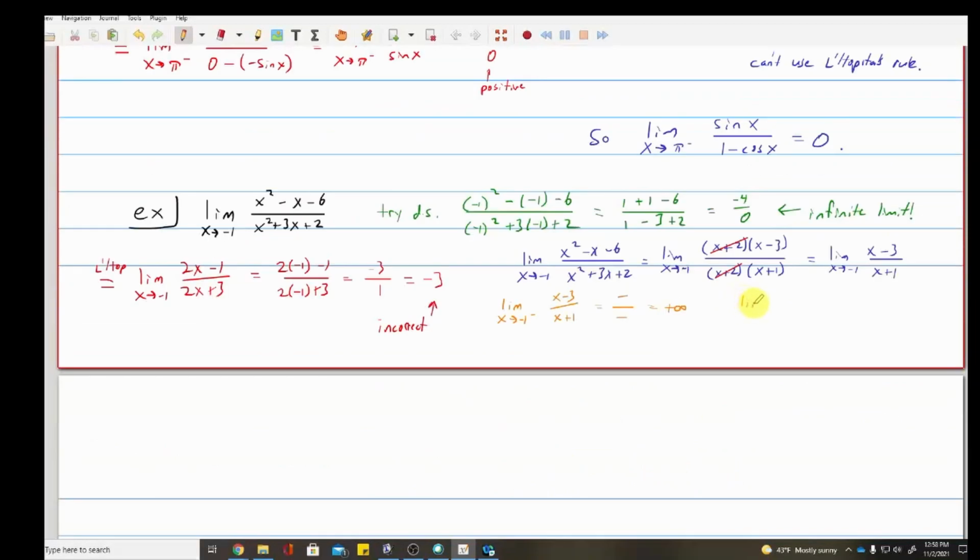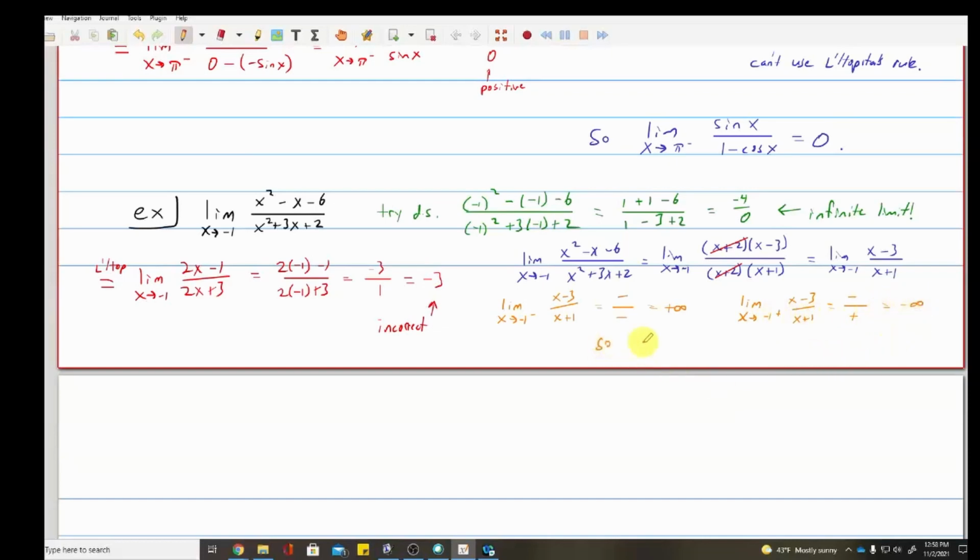If I look at the limit as x approaches negative 1 from the right, x minus 3 over x plus 1. Okay, once again, something close to negative 1 minus 3 is going to be about negative 4. That's a negative. Here, if I approach negative 1 from the right, it's close to negative 1. So when I add 1, it's close to 0. But if I'm to the right of negative 1, when I add 1, we'll have a positive.